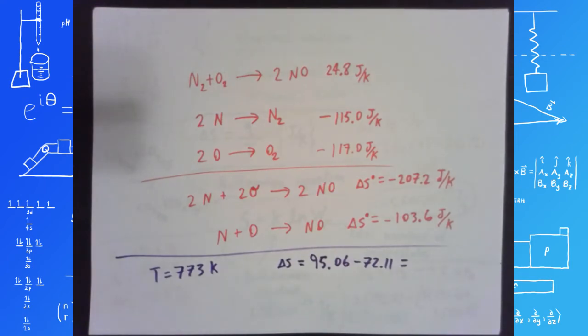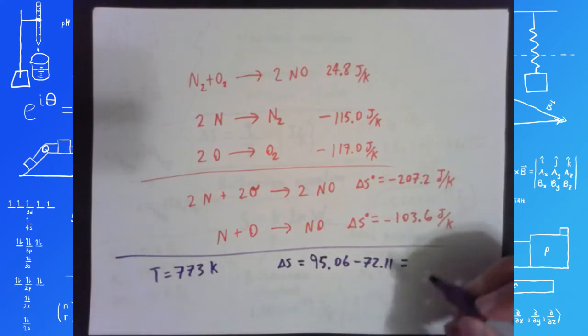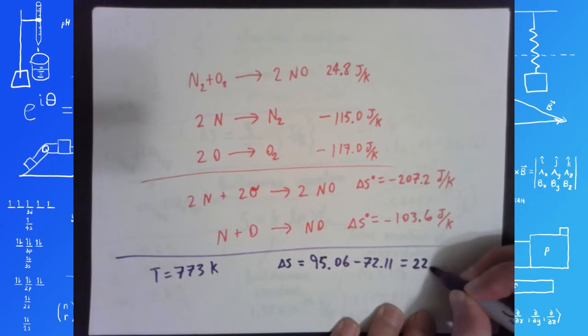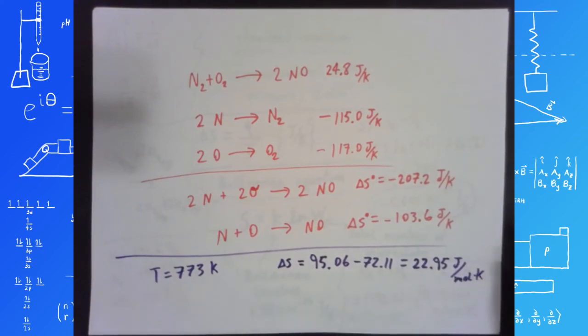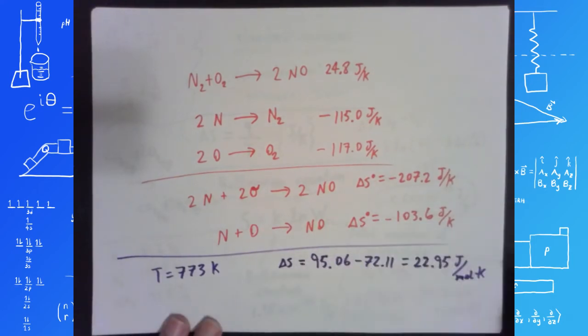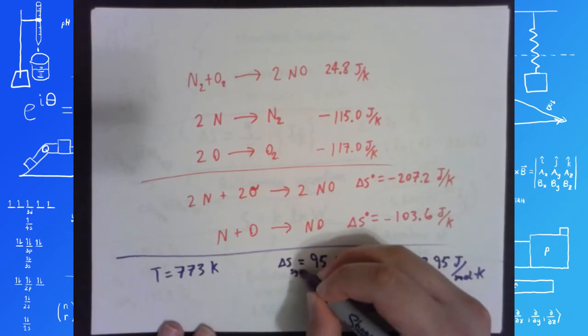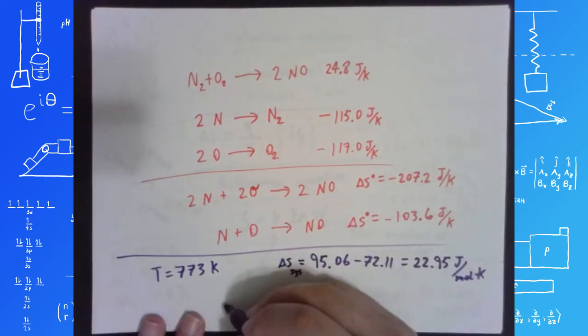Let's just put it in the calculator and be safe. 22.95. 22.95 joules per mole Kelvin. Okay, then we've got, well, I can calculate delta S of the system. What about delta S of the surroundings?